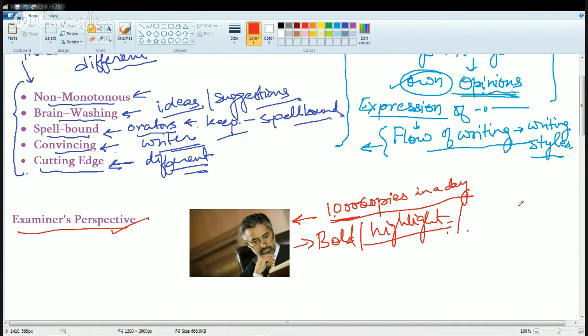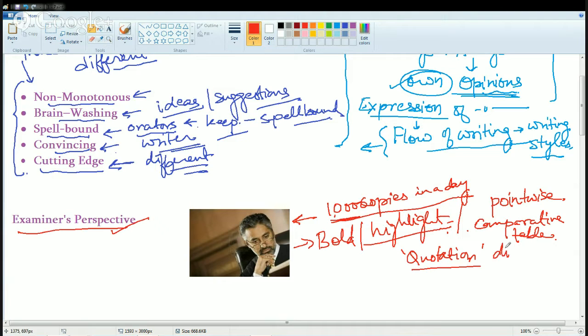If you are able to mark something point-wise, give a comparative table or analysis, or if you are writing some quotations in different colors, so you are using different colors. These are some of the techniques that would help the examiner focus on your essay much more than other essays.